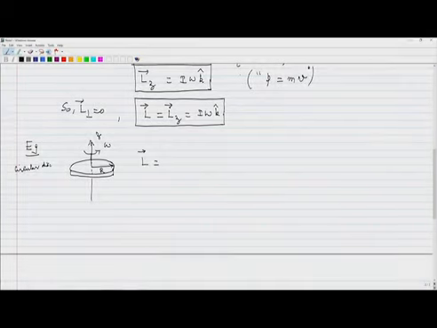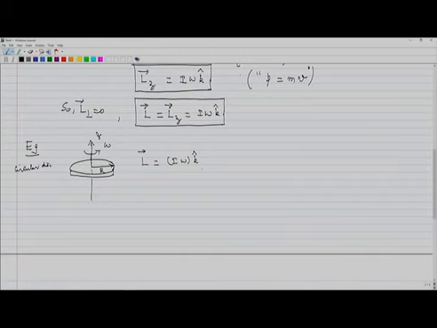Angular momentum vector is equal to, this is a symmetric body, and this axis is also a symmetry axis. So therefore L is nothing but I omega times K. Fine. Now what is the moment of inertia of a circular disc? Yesterday we had seen mr squared by 2, and the angular velocity is omega, times the unit vector along the z direction.